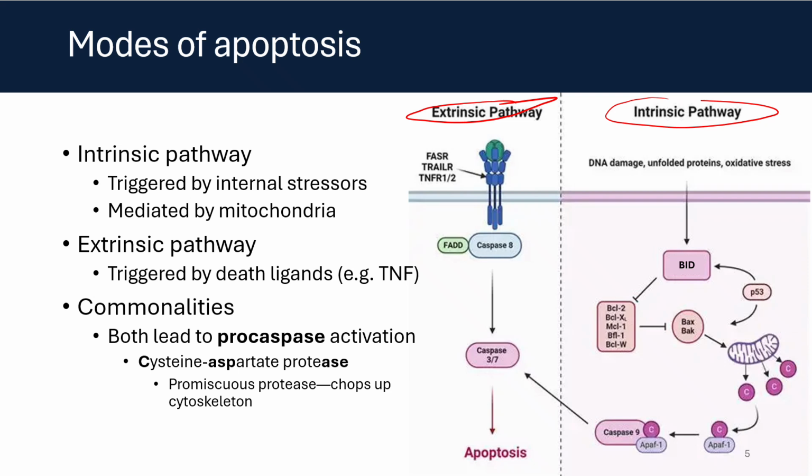But for now, I'd like you to know that the intrinsic pathway, as the name sort of suggests, is triggered by internal sensors, things like DNA damage, unfolded proteins, oxidative stress, and so on and so forth. All of these are signals that the cell isn't keeping it together. And if the cell can't keep it together, it can't be trusted to live and create future generations.